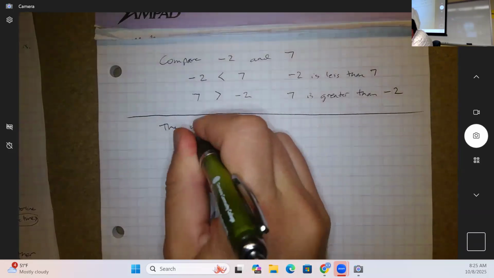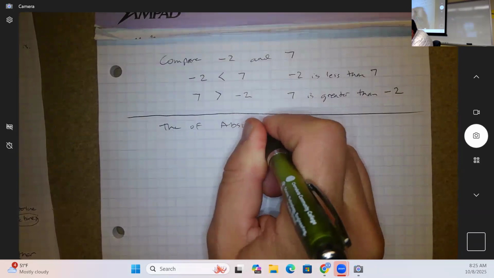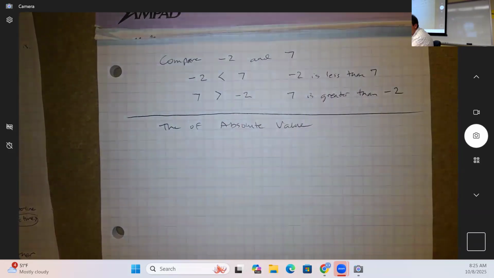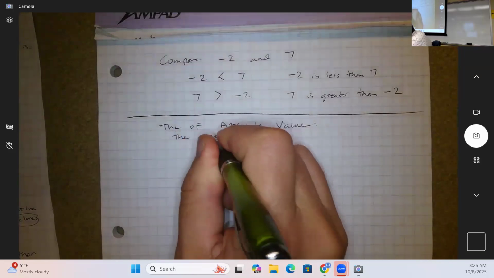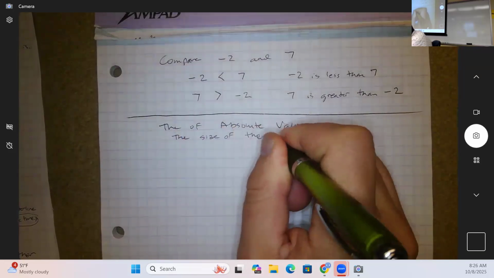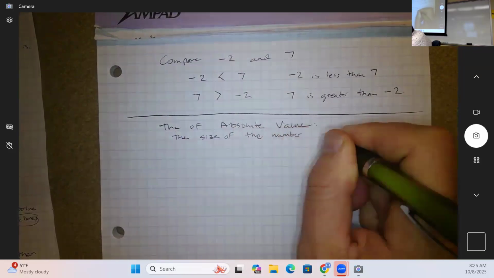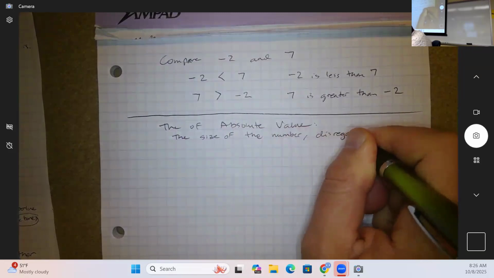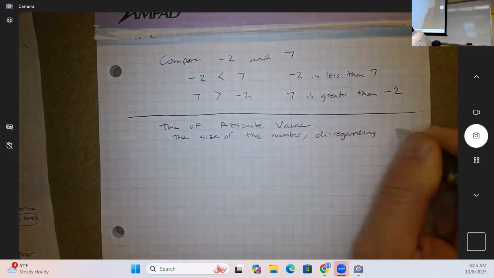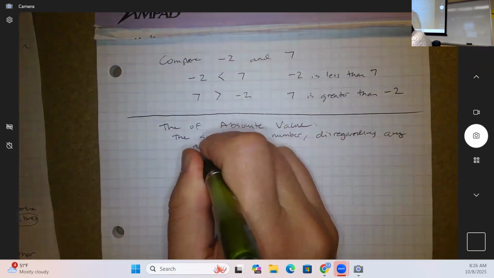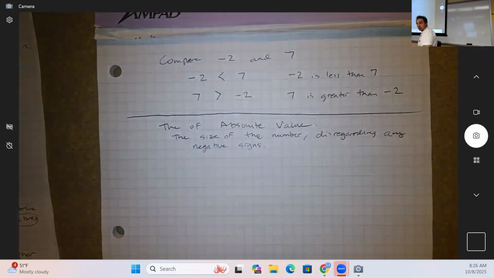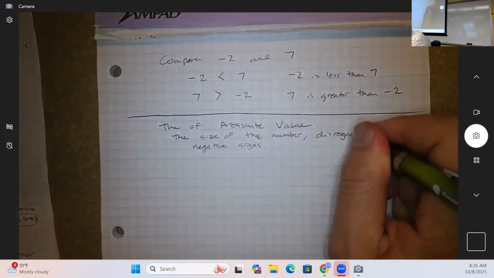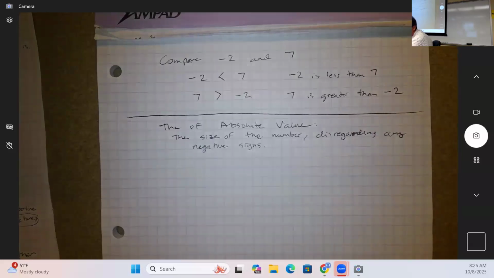The idea of absolute value. Absolute value in general is the size of the number, disregarding or not caring about any negative signs.